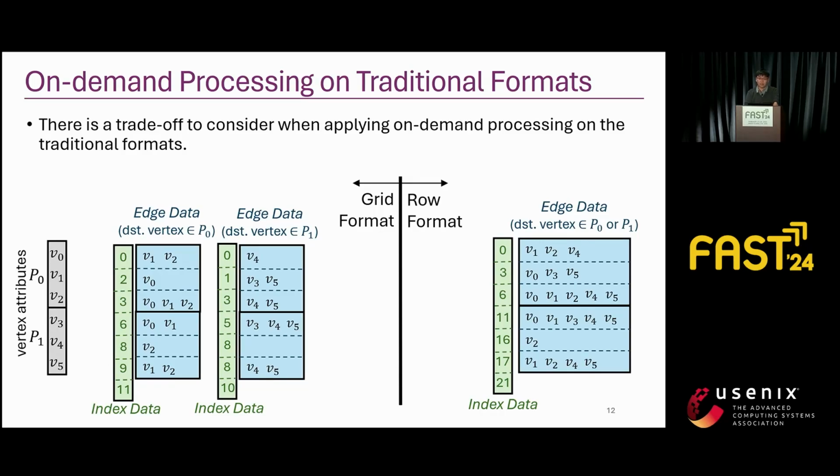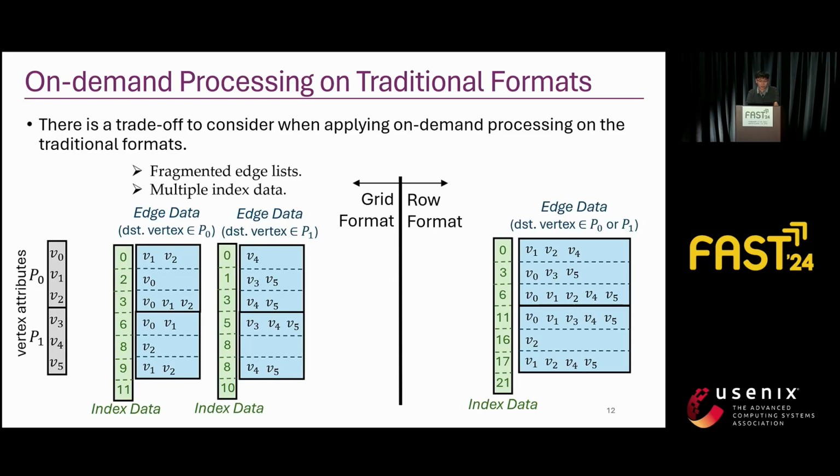The grid format was discussed before, so I'm not talking about it here. The row format can be imagined as the same as the grid format, but with the number of partitions equal to 1. Compared with the row format, the grid format causes two issues.